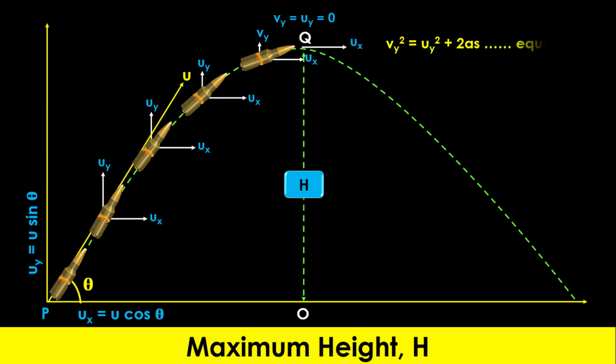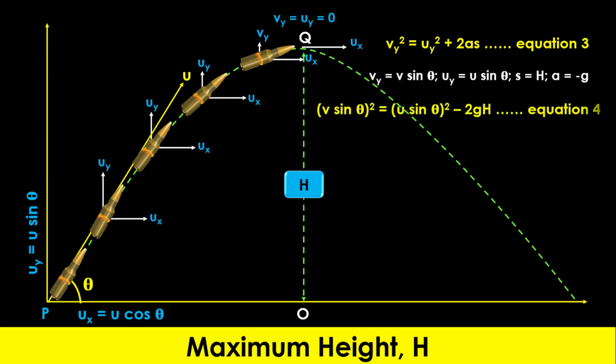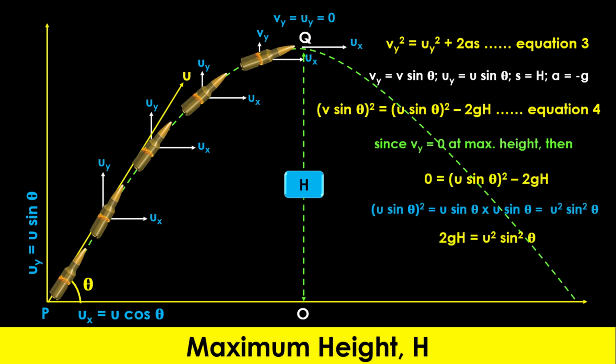If we substitute the values of v, u, and s in the third equation of motion with v sin theta, u sin theta, and h respectively, bearing in mind that acceleration due to gravity for an upward motion is always negative, that is, a equals negative g, then equation 3 becomes (v sin theta) squared equals (u sin theta) squared minus 2gh.